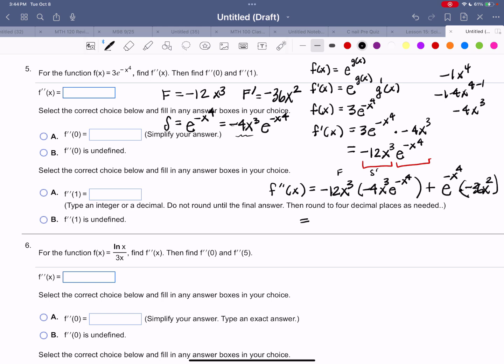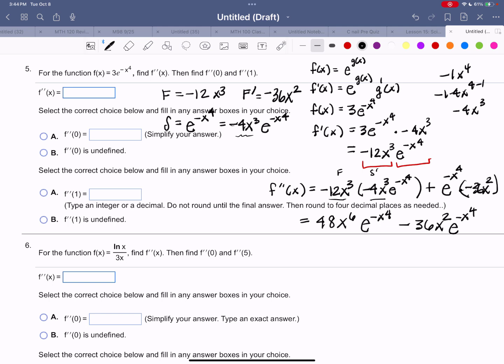All right, so here I've got a monomial times a monomial. So let's see, that's going to be a negative and a negative, so that's going to be a positive 48. Now I've got x to the sixth, e to the negative x to the fourth, minus 36x squared, e to the negative x to the fourth. Now, we could clean this up a little bit.